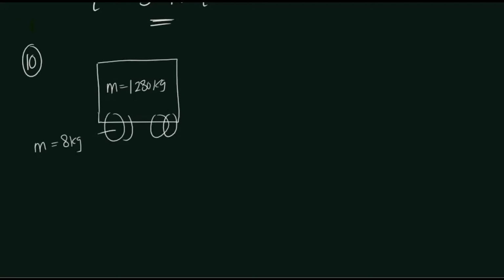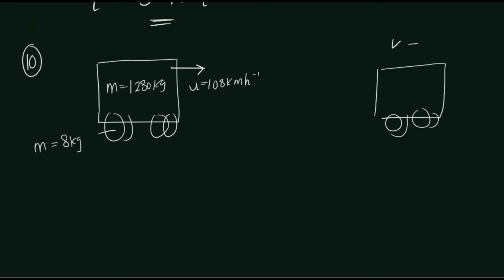Initially this is moving with an initial velocity of 108 kilometers per hour, and then finally it comes to rest by applying the brake. While it was moving with this velocity, maybe at point A it applies the brake, and then at point B it comes to rest.